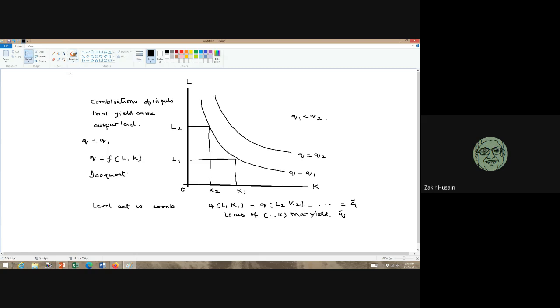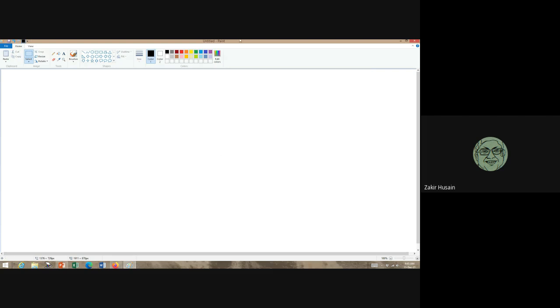Now, can you draw the level set for, what are isocost lines?